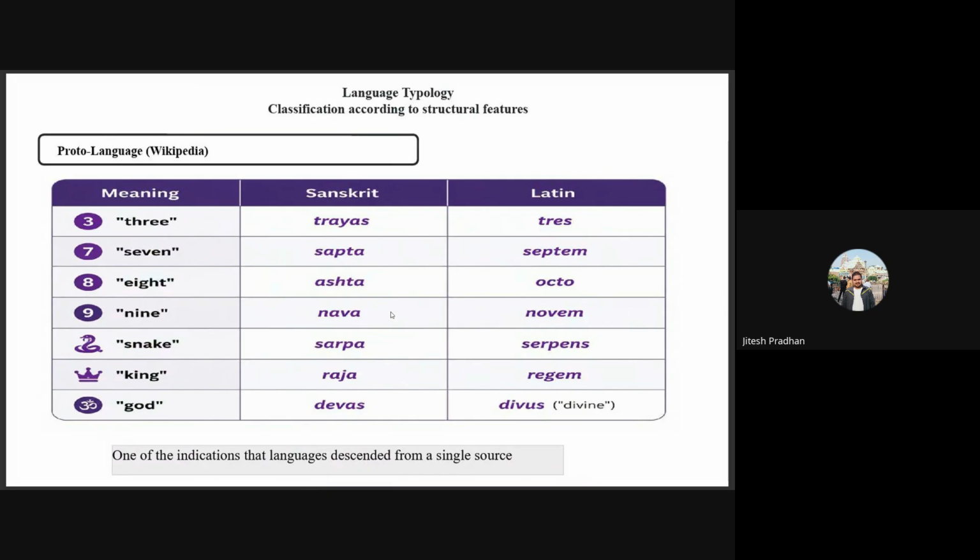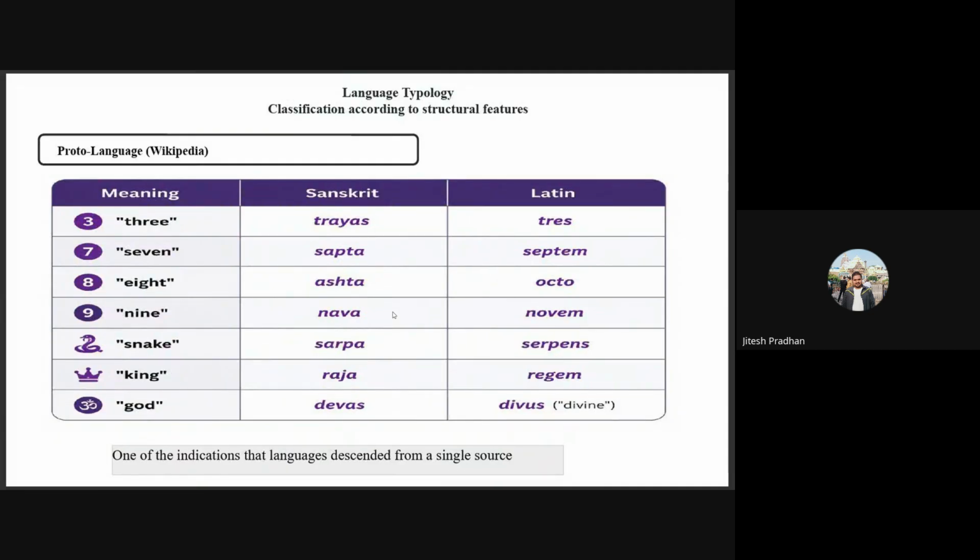Now, to understand topology, there is one more thing. English always follows the pattern subject, verb, then object. When we write in Hindi, it uses subject, object, then verb, and Arabic follows verb, subject, object.